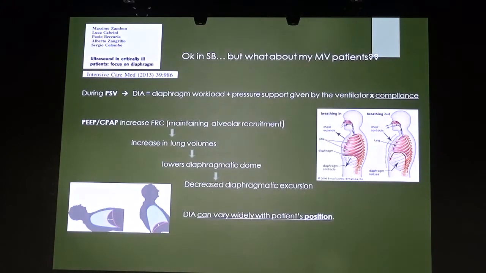And of course we have to remember the diaphragmatic excursion can vary with the patient's position or with everything that changes intra-abdominal pressure. Because the diaphragm, we have to remember, is an interface between the thoracic pressure and the intra-abdominal pressure. So with supine position, with obese patients, with every condition that increases intra-abdominal pressure, the excursion can be reduced.